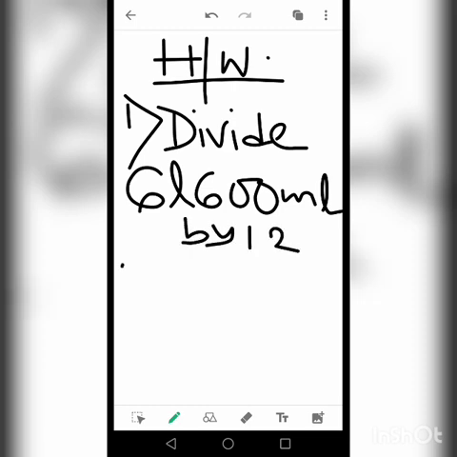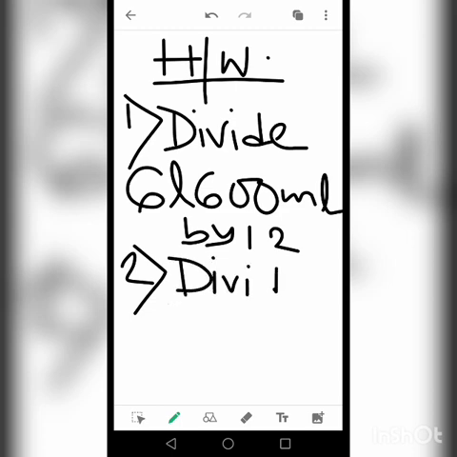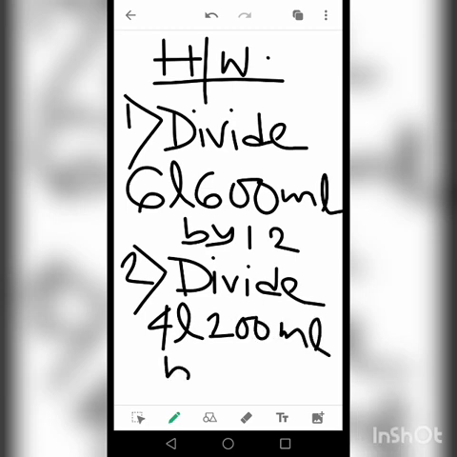Question number 2: divide 4 liter 200 ml by 8. So these will be your two homeworks. Please solve them. Thank you for the class.